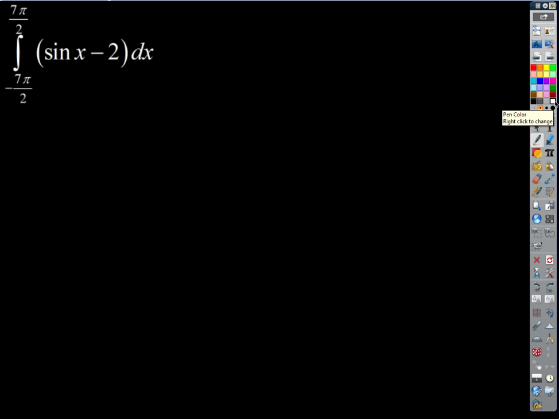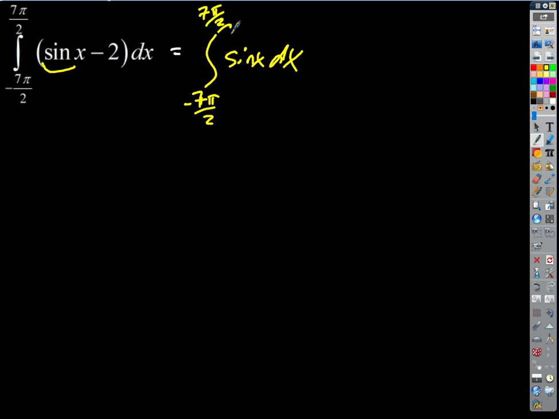We could break this up into the integral of sine x dx from negative 7/2 pi to 7/2 pi, minus the integral of 2 dx from negative 7/2 pi to 7/2 pi.